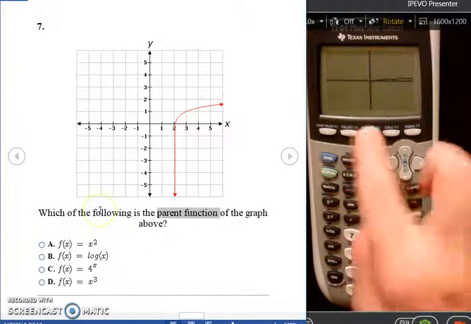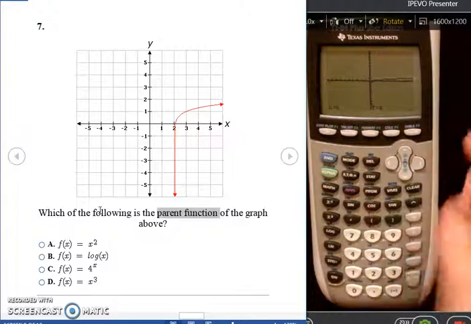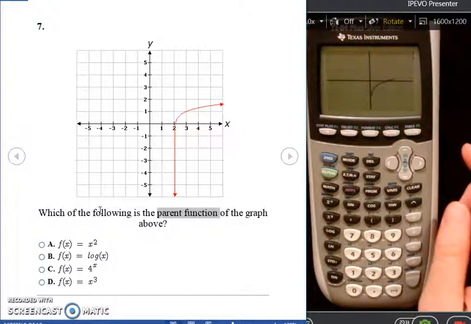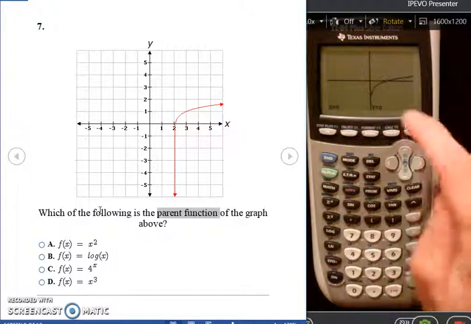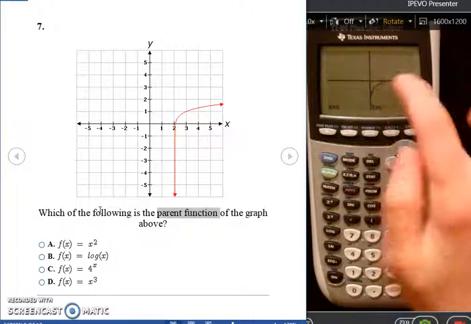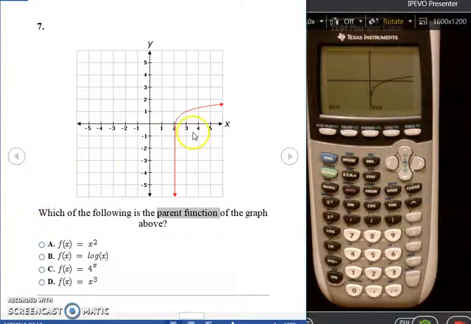If I zoom in, and I'm going to leave the cursor in the middle because I just want to zoom into the middle, I can see it starts out and it actually looks pretty close, because it could be dropping in really close to the y-axis and I couldn't see, just like here it's dropping in really close to 2. So I'm going to say, okay, it could be B, but I want to go ahead and try C and D just to double check.